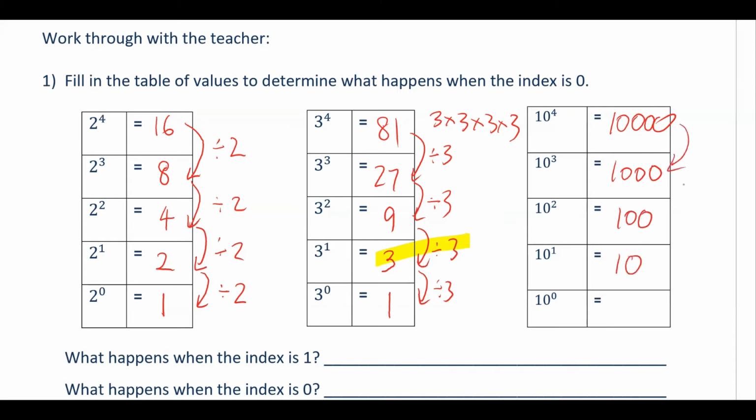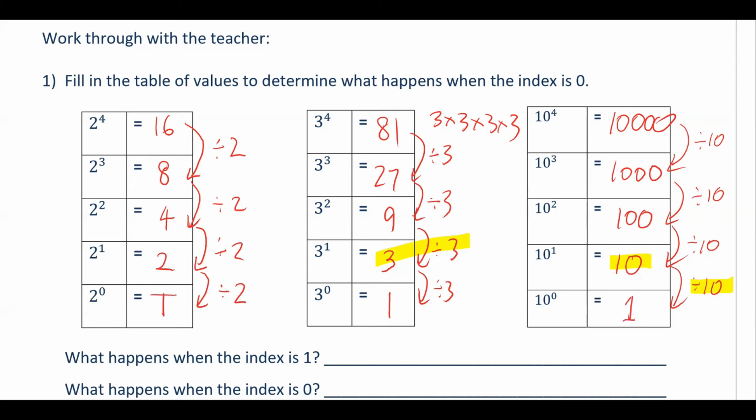What is the pattern here? The pattern is that you're multiplying by one 10 less each time. So that means each value is 10 times smaller. So continuing this pattern, the last value, 10 to the power of 0, we can expect that to be 10 divided by 10 equals 1.